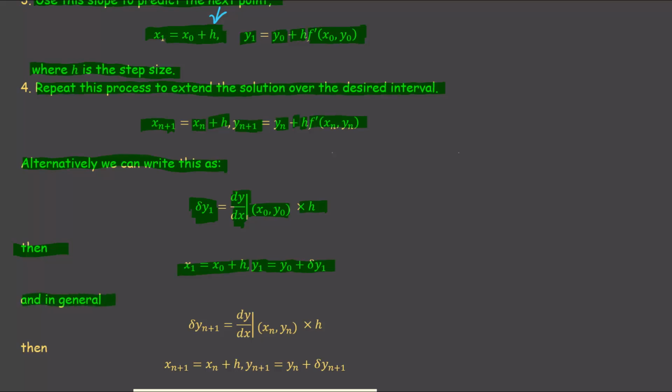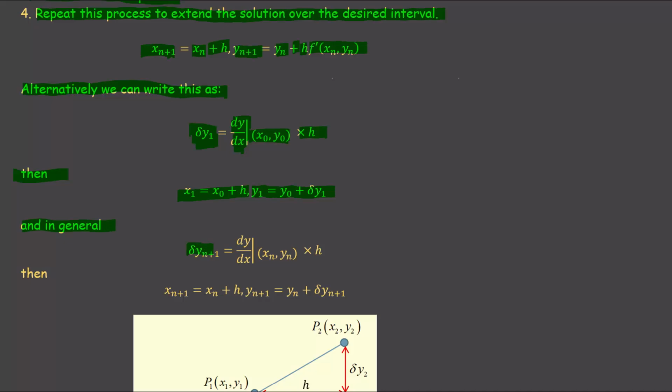In general, we have delta y(n+1) is dy/dx at xn, yn, so the next change in y is equal to the gradient at the current values of x and y multiplied by the step length.